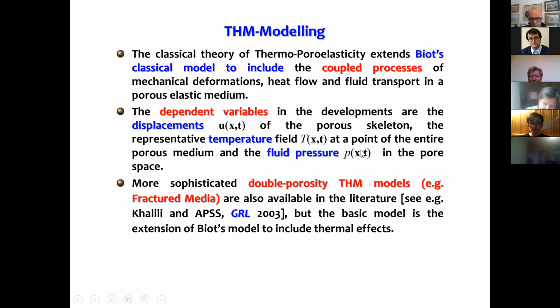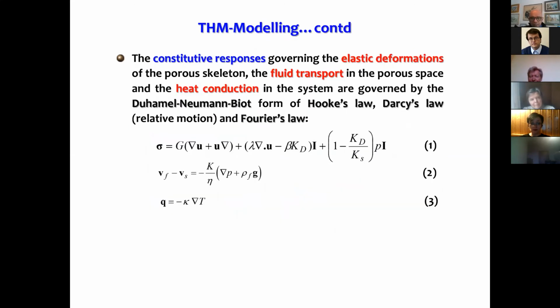So I have a porous material which has fluids in it, and it's subjected to external stresses. The skeletal part will also take some stresses, and the fluid pressures will also develop. You can look at double porosity media as well, but I think, in the interest of time, I won't go into the details on this.